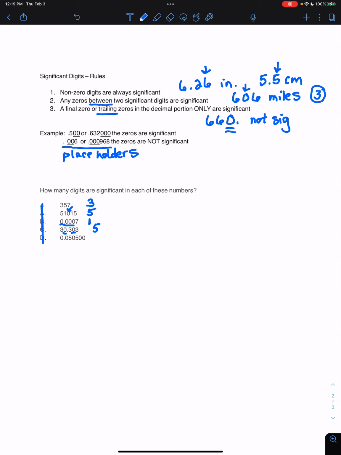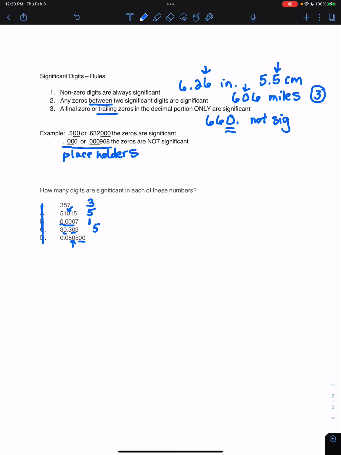Now, finally, this last one has all the tricks in it, right? We have 2 non-zero digits, the 5s, which are significant. So we can already tell we have 2 significant digits. We have to deal with these zeros. We've got this 0 that is between significant digits, so we know that is significant. And we have 2 trailing zeros that are after the decimal point, so we know those are significant.